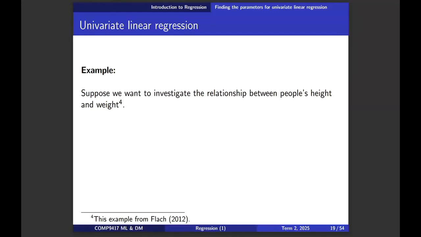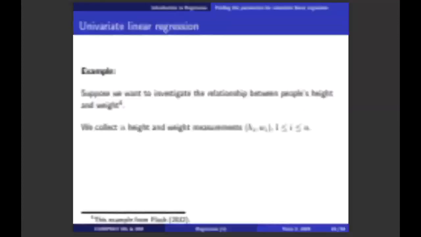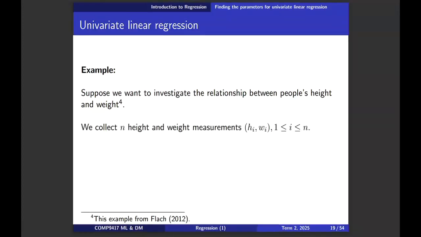So let's look in the context of this example that I had before. We'll say that the function we want is weight. We have a sample of people, and the function is weight in terms of height, and we'll say that it's a linear function.